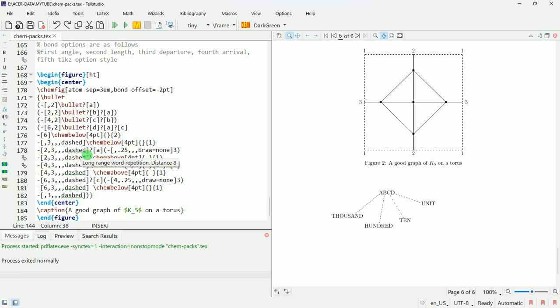So we just draw a blank bond. For drawing a blank bond, draw equal to none, but its length is 0.25. So just at a distance of 0.25 times the default length, this 3 will be printed, and between 3 and this there is a blank empty bond. Okay. That is how 3 is there.